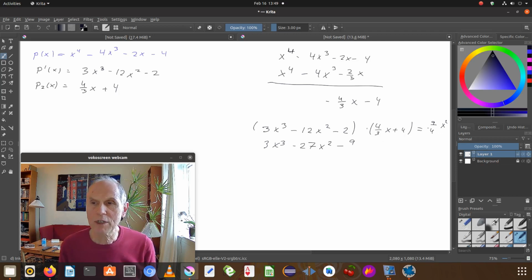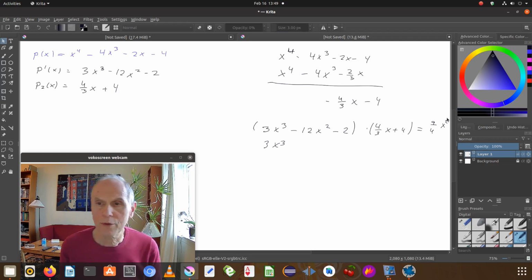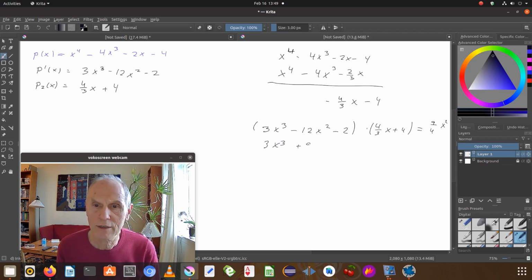I have to multiply this by the thing in the second parenthesis, so it gives 9x squared plus 9x squared, and subtracting gives minus 21.